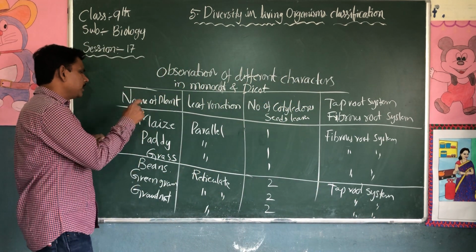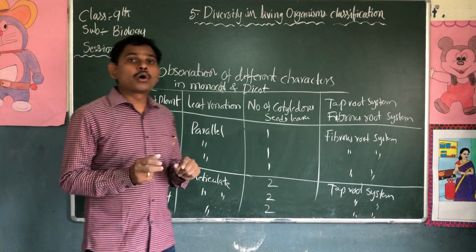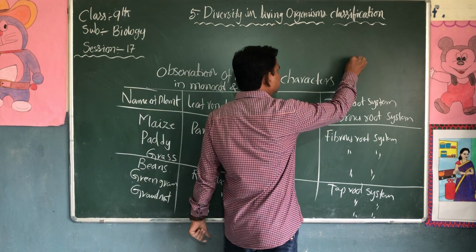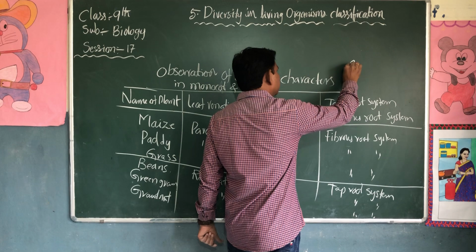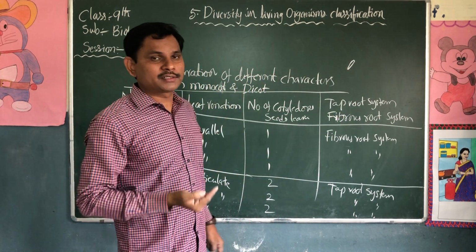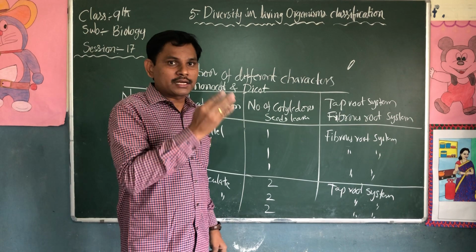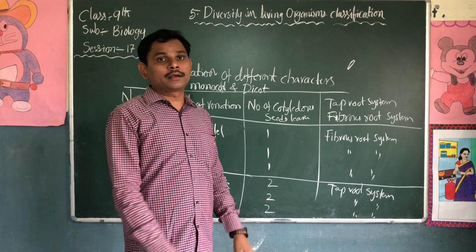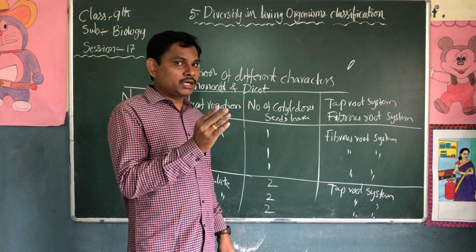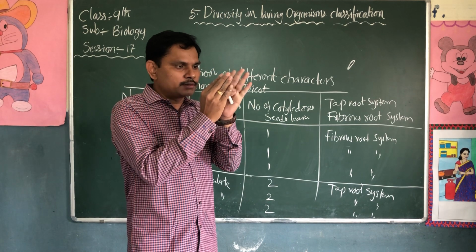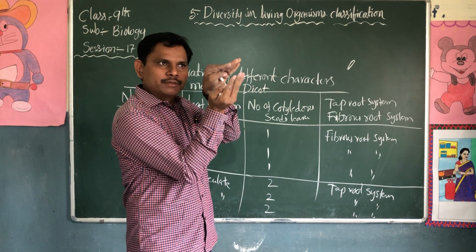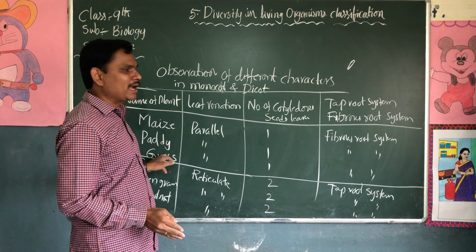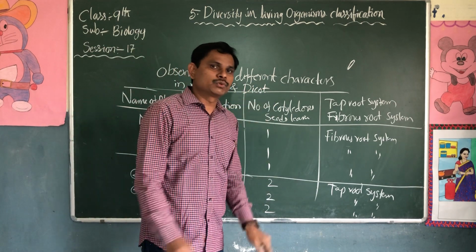Coming to the explanation: maize, paddy and grass are monocotyledons. For example, take rice. Rice has a single cotyledon. If you break the rice, it cannot break into exactly two equal halves, like a groundnut. But maize, paddy and grass do not have two equal halves.